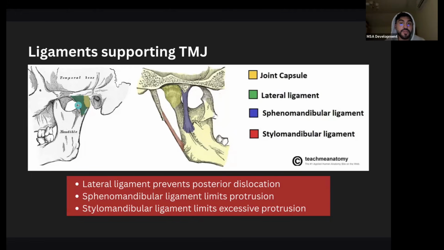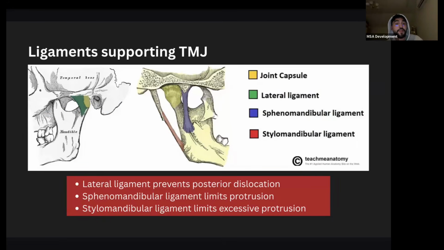And then you'll have the sphenomandibular ligament as well. You have the stylomandibular ligament as well. All right, so these are the three ligaments that support the TMJ. Now, if the lateral ligament gets ruptured, you can have posterior dislocation.